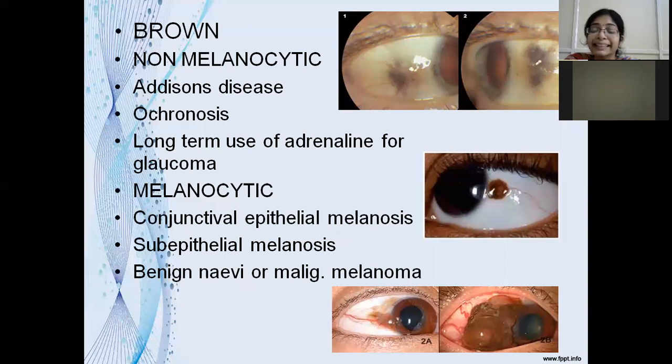Suppose the patient has a nevus, which is benign, or he can have a malignant melanoma type of growth, or he can have melanosis, which is just pigmentation developing right in childhood. It is stationary and usually it is not of concern. So all these causes can lead to brown pigmentation in the conjunctiva. Okay, so non-melanocytic and melanocytic causes.